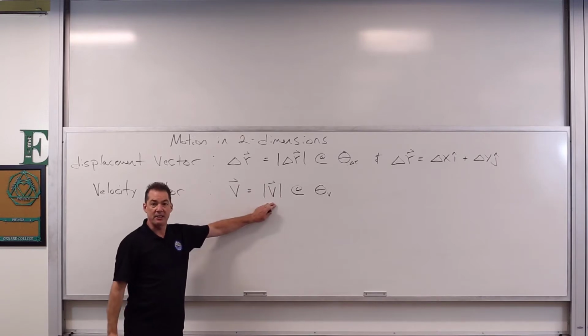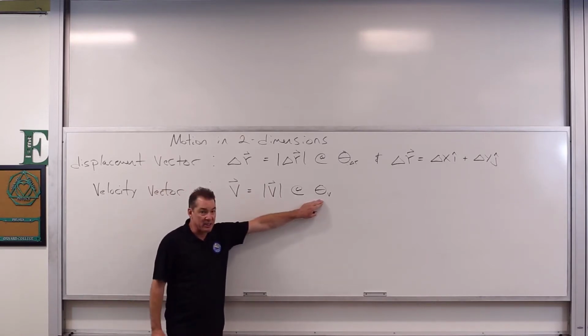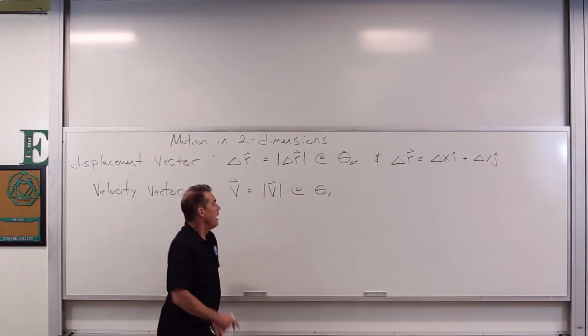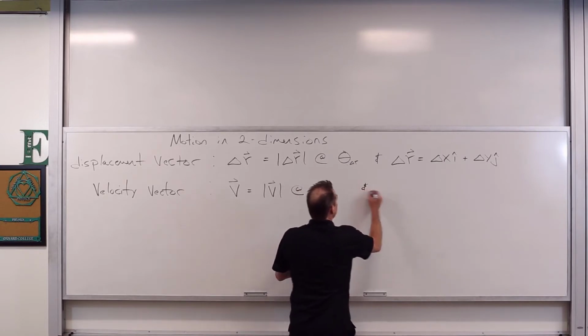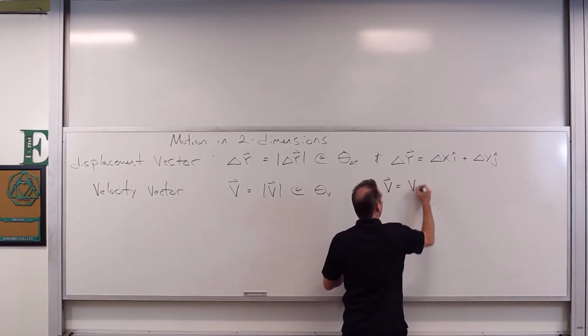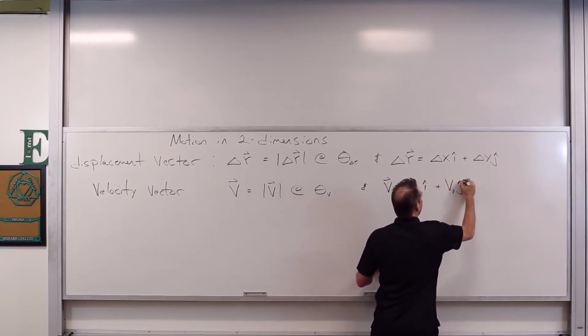Magnitude is how fast it's moving at some given moment in time, and theta sub v is the direction that it's moving in at that moment in time. And then we can also write v hat as equal to some v sub x i hat plus some v sub y j hat.